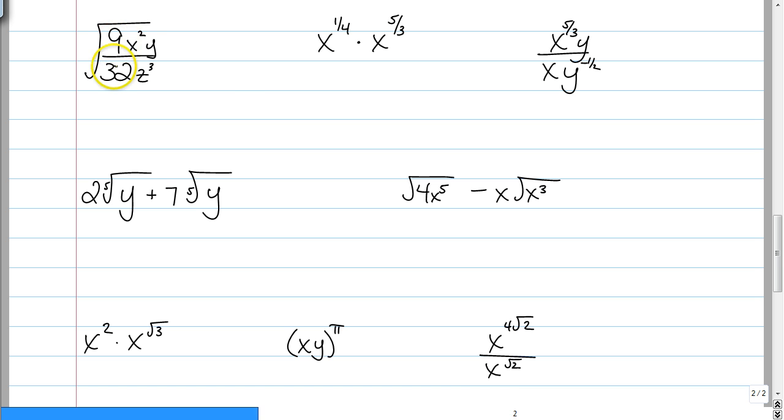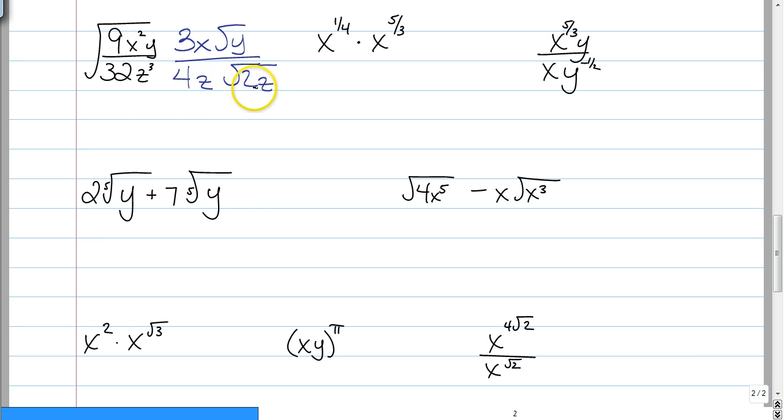So, that's the square root over a square root. So, the top, the square root of 9, is 3. The square root of x squared is x. And the square root of y stays as the square root of y. Now, this is over the square root of 32. You would break it down using the factor tree, and you would be left with 4 root 2. And then 2 goes into 3 1 time, leaving you with 1 inside.